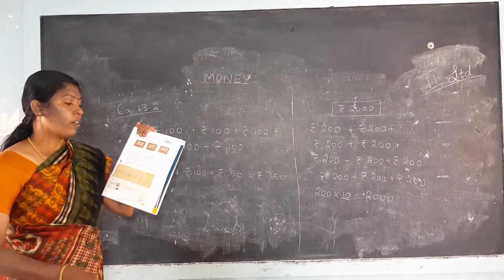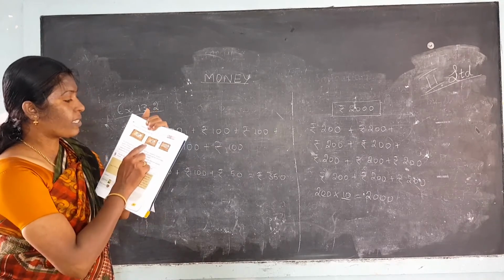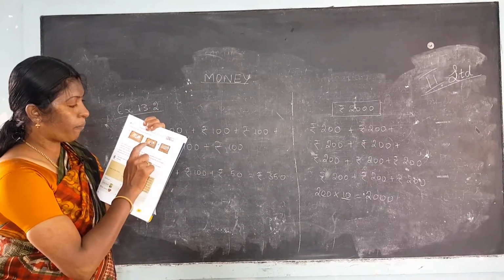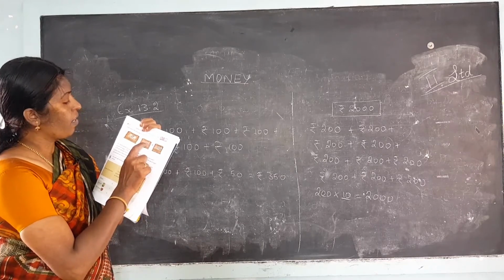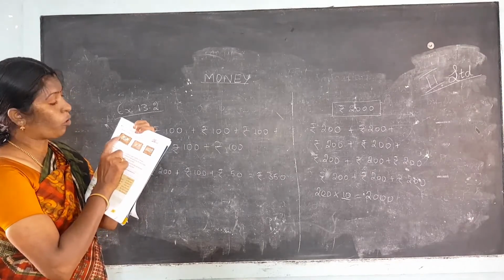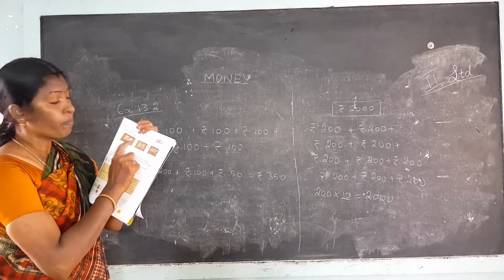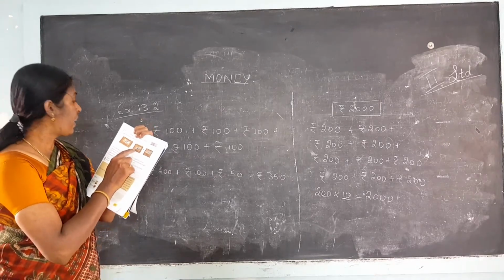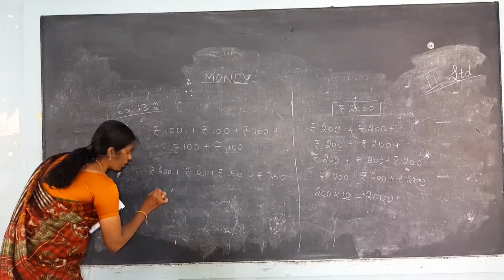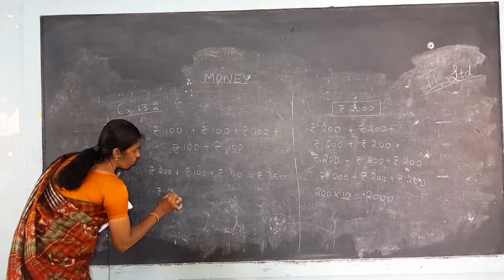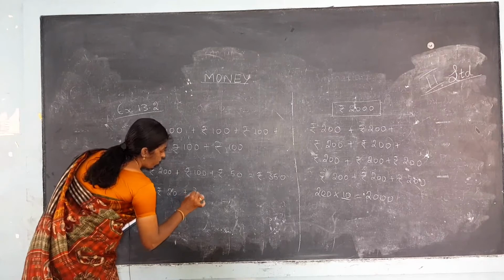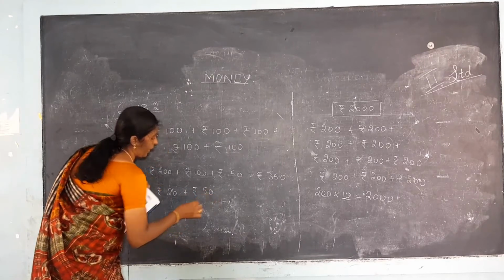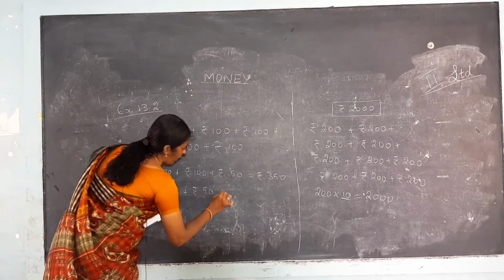Okay, next you see the next one. Here also you see what are the notes inside the bag. Here you see a 20 rupee note, a 50 rupee note and a 500 rupee note. Don't confuse 100 and 500 rupees note. So 20, next 50, next 500.